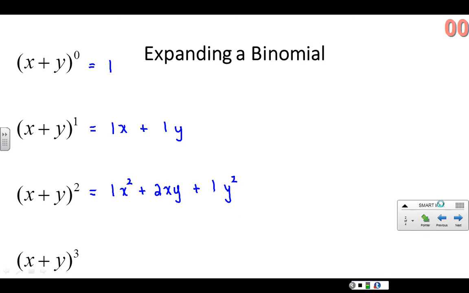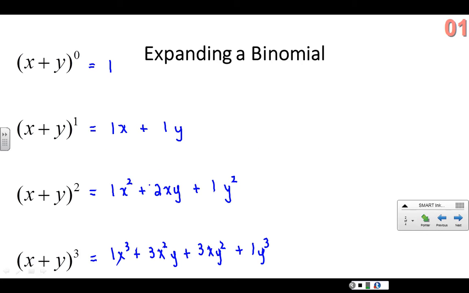And if we cube, you could multiply all this out, but we also get 1x cubed plus 3x squared y plus 3xy squared plus 1y cubed.